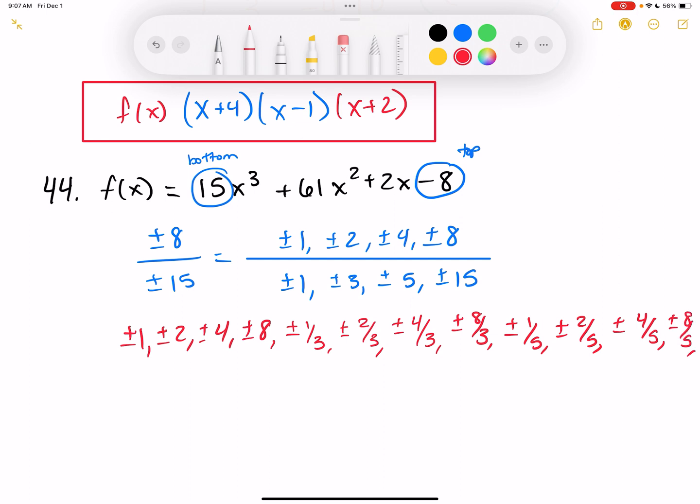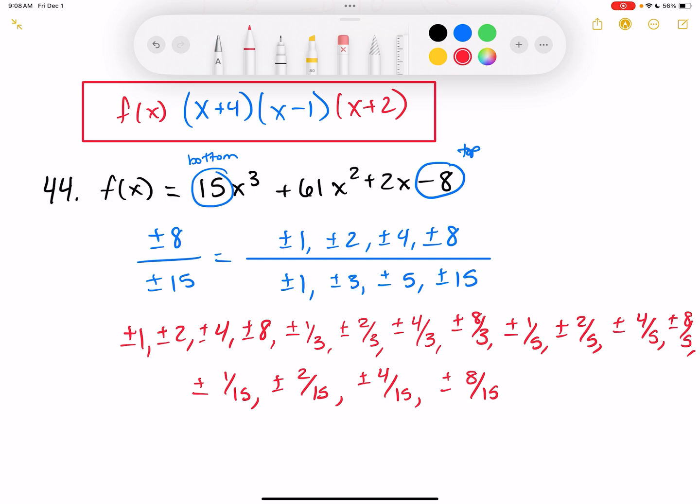And then each of these on top over 15: 1/15, 2/15, 4/15, and 8/15.